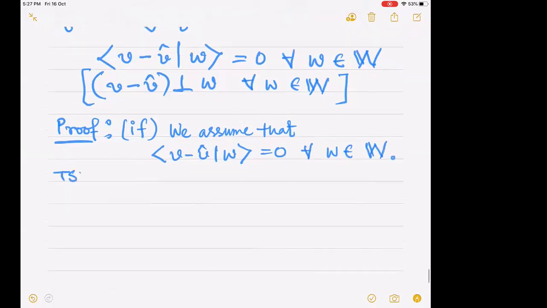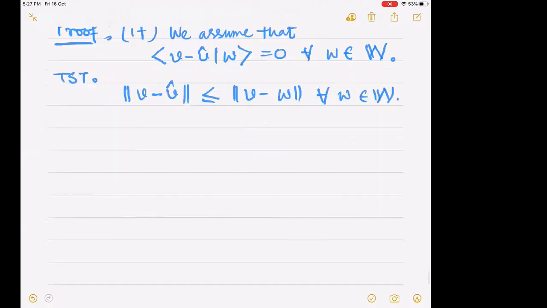We have to show that the norm of v minus v hat is less than or equal to the norm of v minus w for all w in W. And the trick is very simple, in fact.